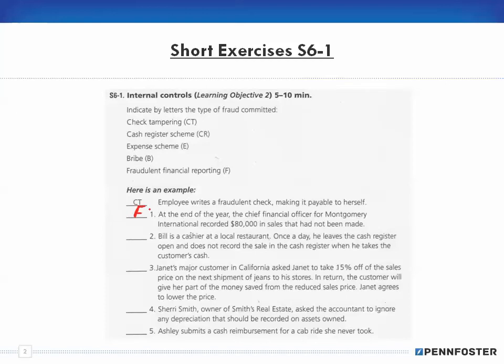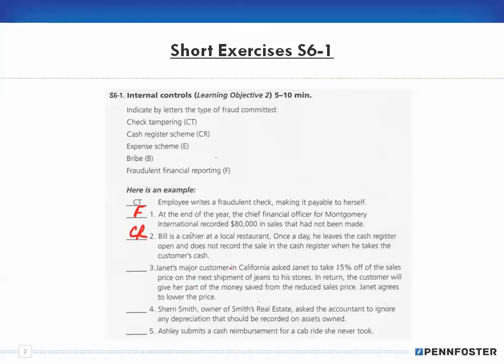So that's F. Bill is a cashier at a local restaurant. Once a day, he leaves the cash register open, does not record the sale in the cash register when he takes the customer's cash. So that's a cash register scheme, right?